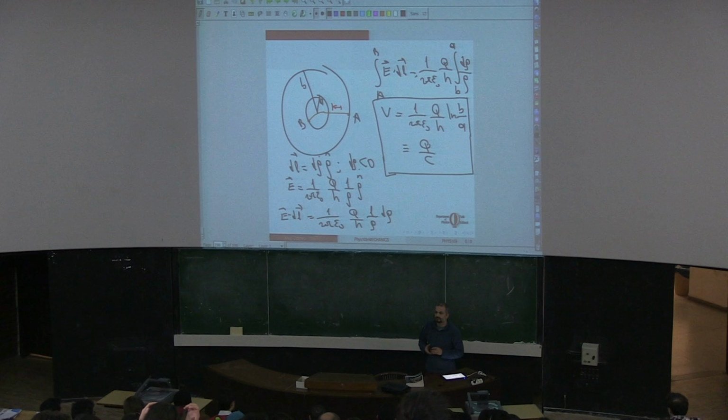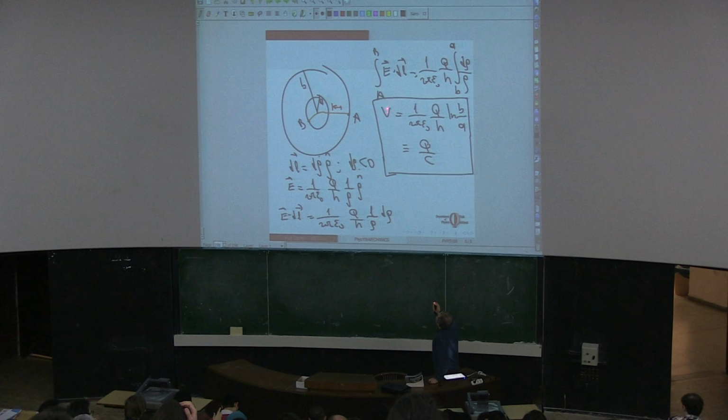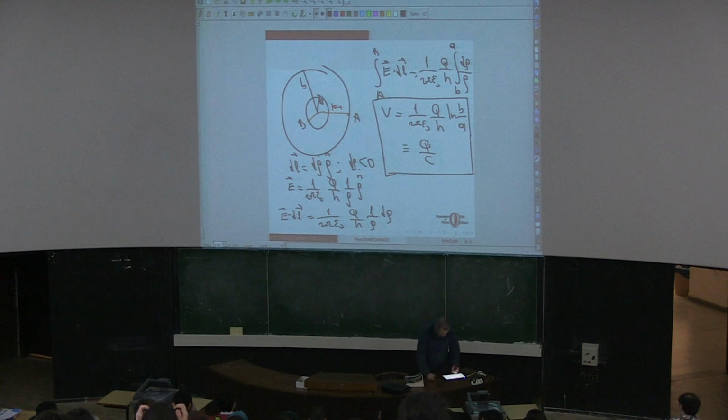Questions? Which one? This is V. We calculated the potential difference. And the definition of the capacitance is that the potential difference should be equal to charge over the capacitance. Sure.